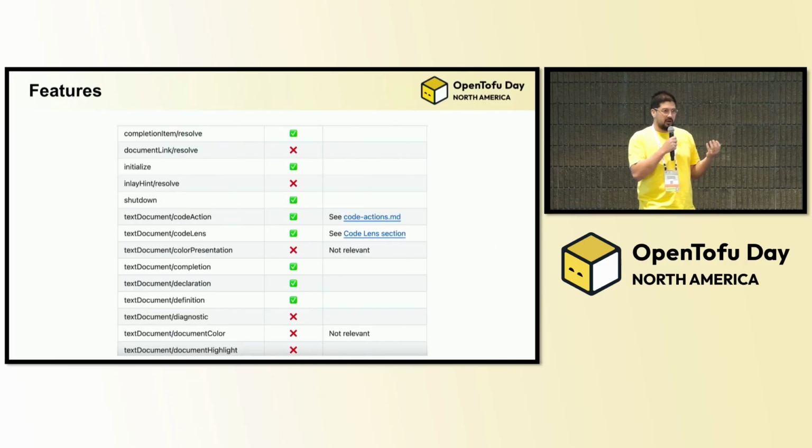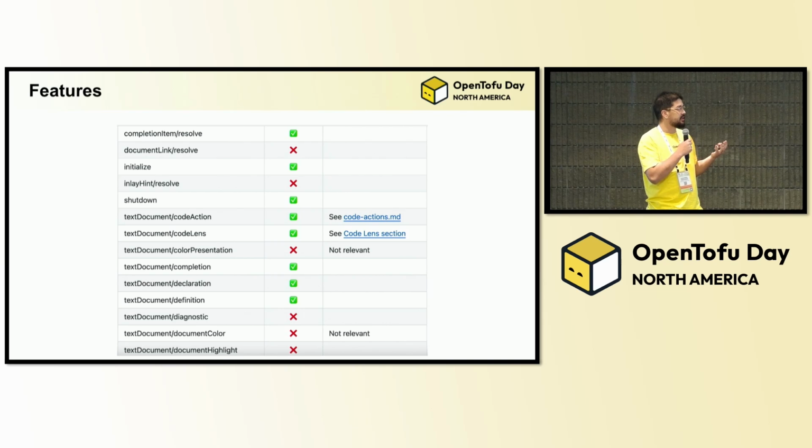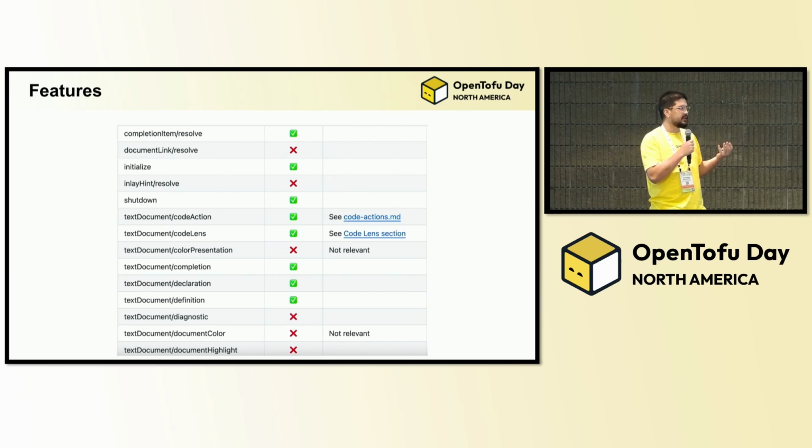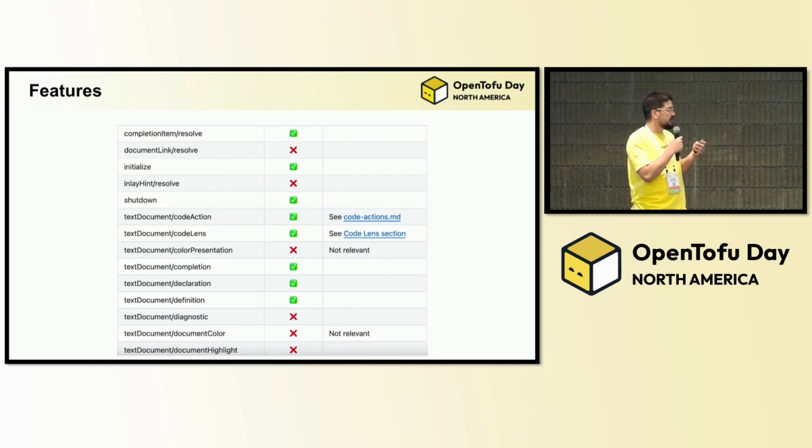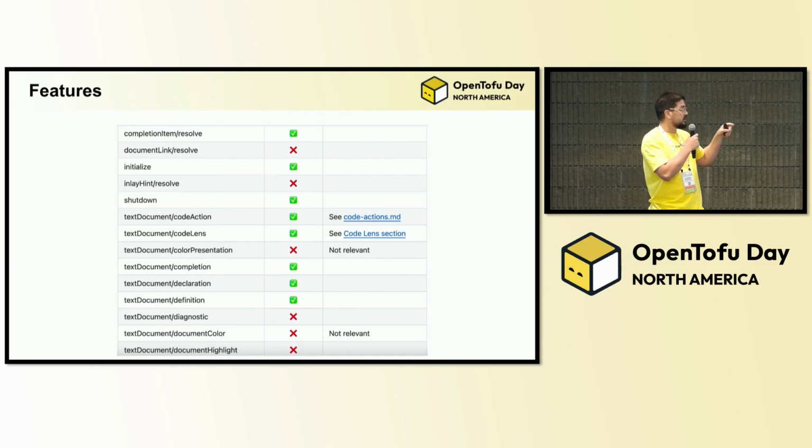We implement a lot of features from the LSP specification, and we are extending it with others that are not on this list. But, for example, some of the methods in the specification do not make sense for use with OpenTofu, like the document color or the color presentation. This is a small list of what we support.